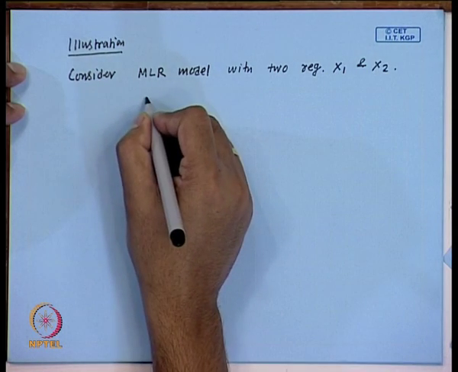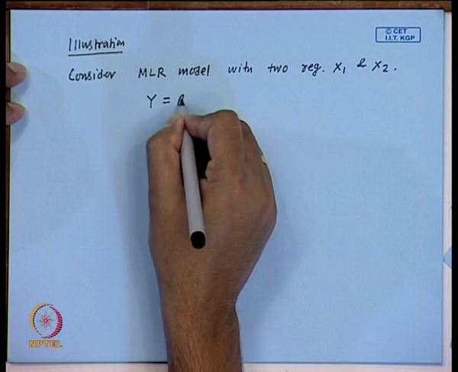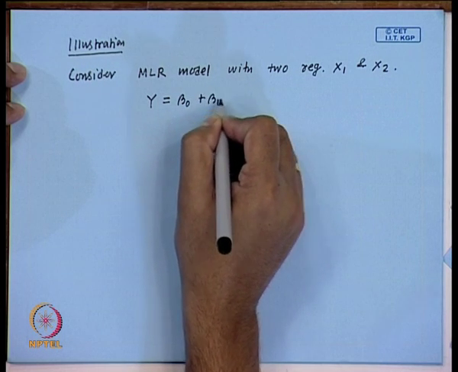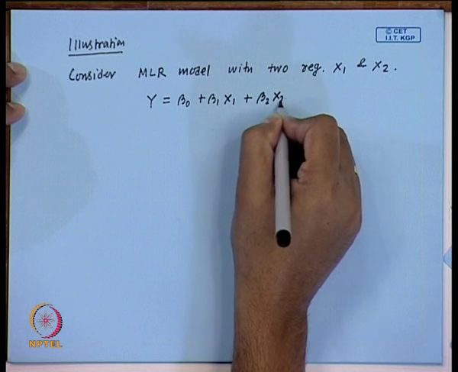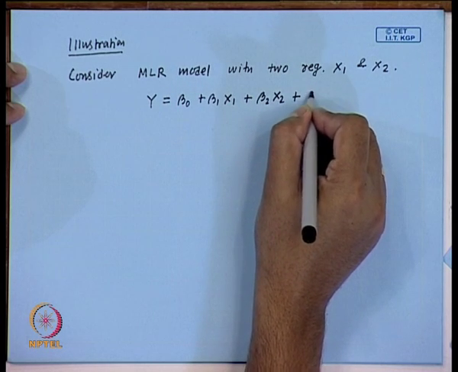My model is of this form: y equals beta naught plus beta 1 x1 plus beta 2 x2 plus epsilon.